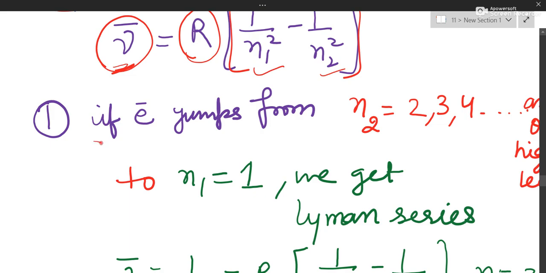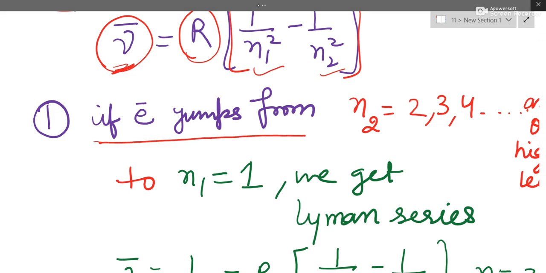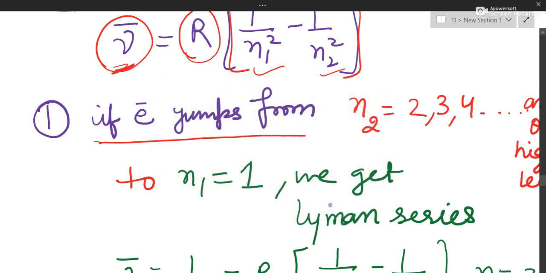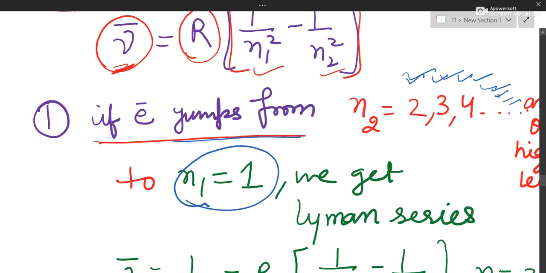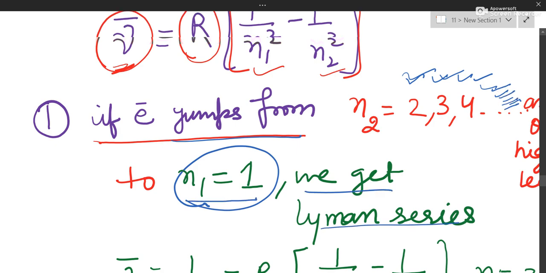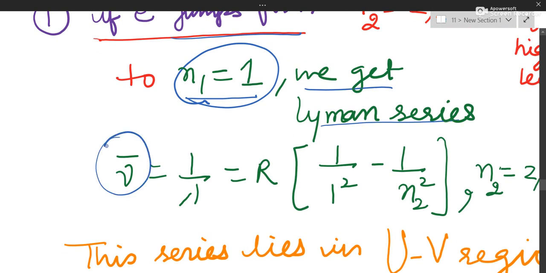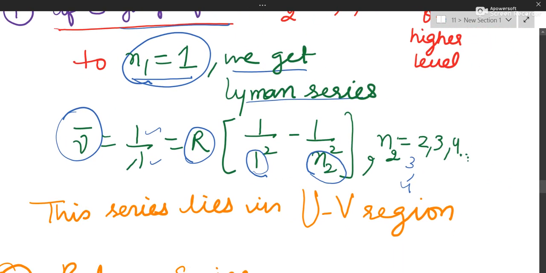If the electron jumps from second, third, fourth or any higher energy state to 1, then we get the Lyman series. The formula of wave number for this series will be 1 by lambda equals Rydberg's constant times the bracket. You are landing on 1 from either 2 or 3 or 4, and this series lies in the ultraviolet region. This is usually asked in exams.